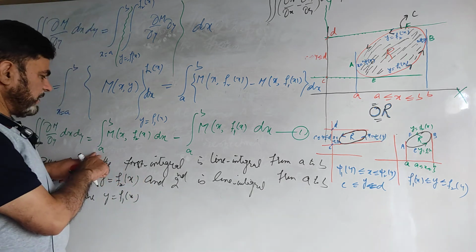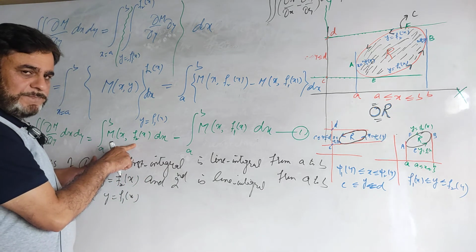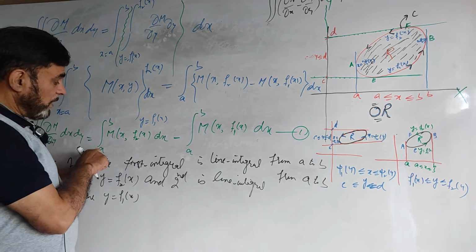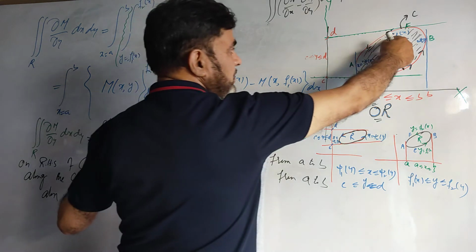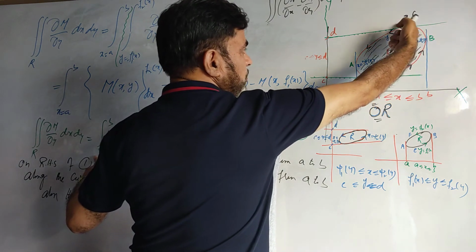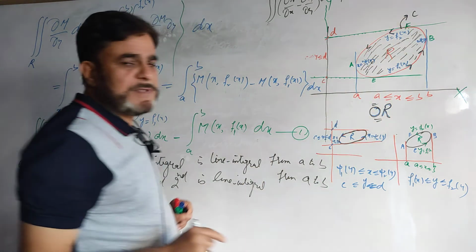Along the curve y is equal to f1x. This is the line integral along the curve y is equal to f2x, but it should go from B to A. It is A to B, it is not positive. When you integrate this y is equal to f2x, we have to integrate in the positive direction from B to A. Then it becomes a closed path.